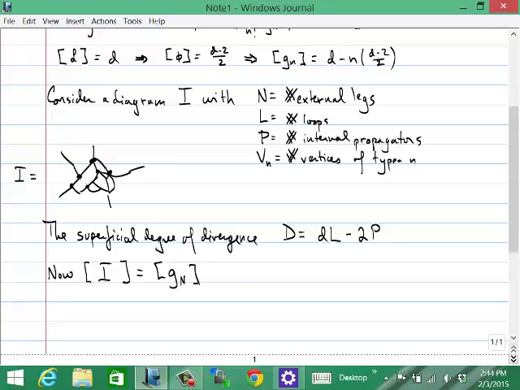So in the present case for this diagram that I drew up here, we have 5 external legs. So this is one of the diagrams that would contribute to the set of all diagrams with 5 external legs. And another diagram that contributes with 5 external legs is just the 5-point interaction vertex G sub 5. So that means that our Feynman diagram has to have the same dimensions as the coupling G sub N, which we worked out above is D minus capital N times (D minus 2) over 2.